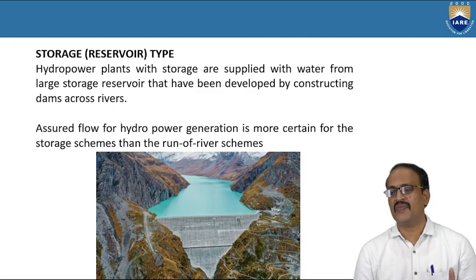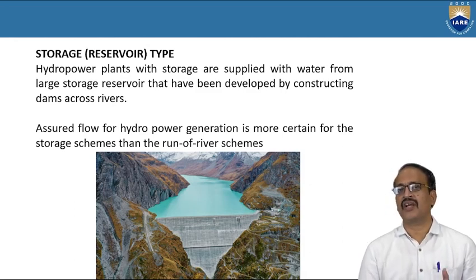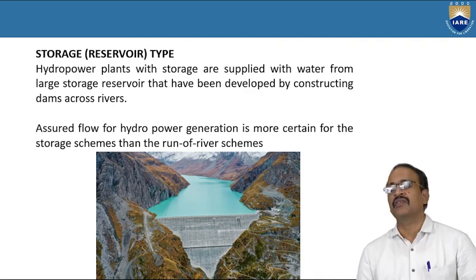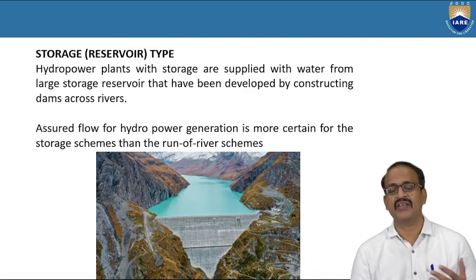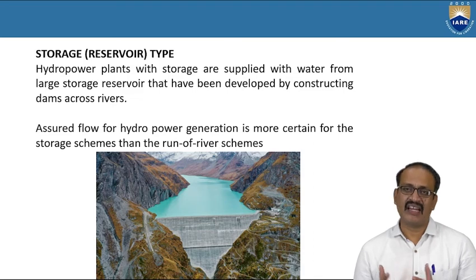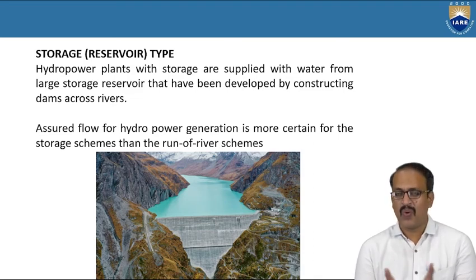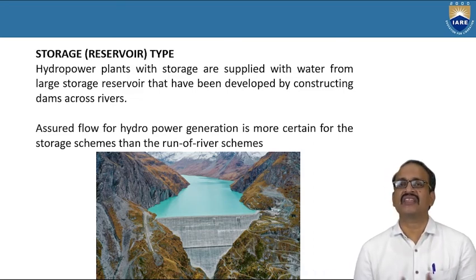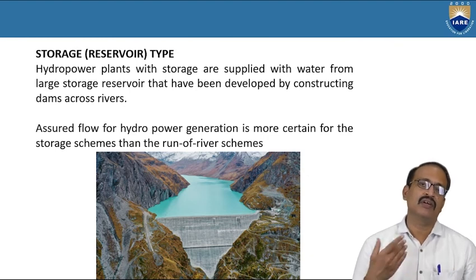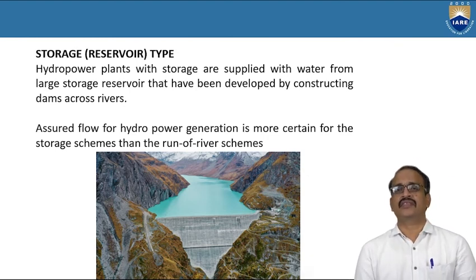The lifespan is very high for a hydropower plant because we are taking all the precautions. We are taking the support of the mountains, the support of nature, and we are constructing that.